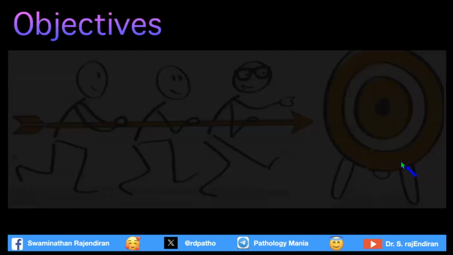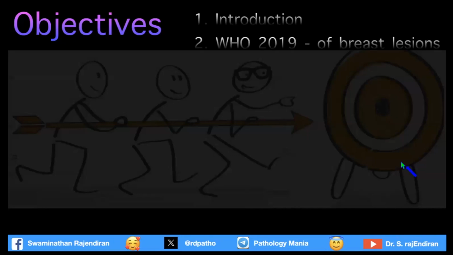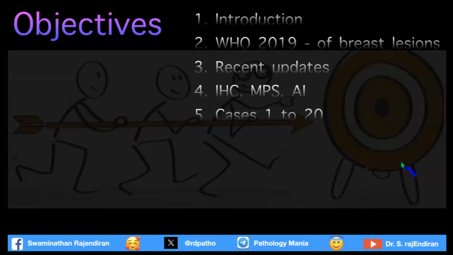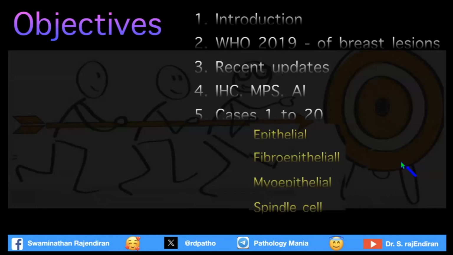So I'll start with objective, introduction, and the WHO 2019 classification of breast lesions. What are the recent updates? Then I will be talking about IHC, massive parallel sequencing and artificial intelligence. Then I thought of doing 1 to 20 cases, but because of the time constraint, I think I will finish it with 16 cases.